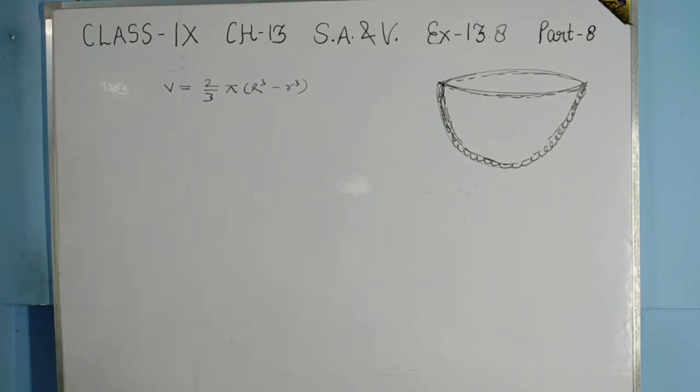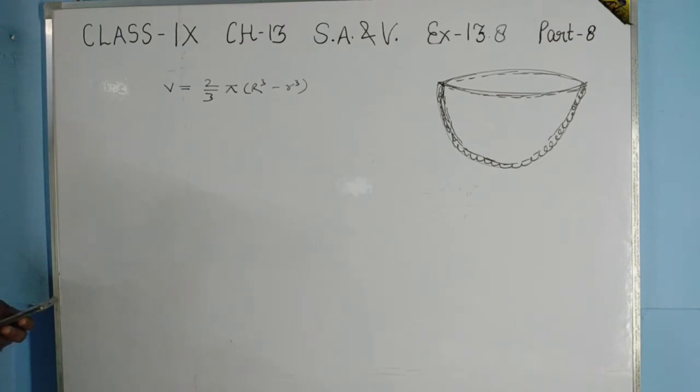So by using this formula you can find the volume of this spherical shell. Okay, the tank which is made of iron sheet 1 centimeter thick.